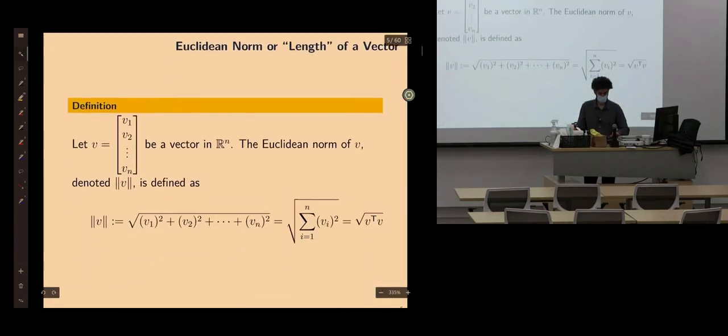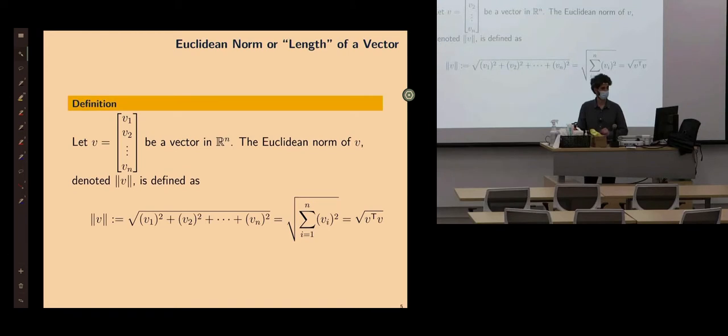Now that's just one definition. You might ask why it's like that. There are many other norms you can define. This particular definition is called the Euclidean norm.